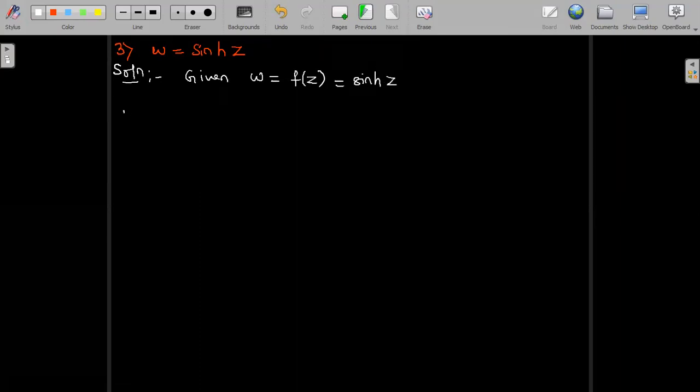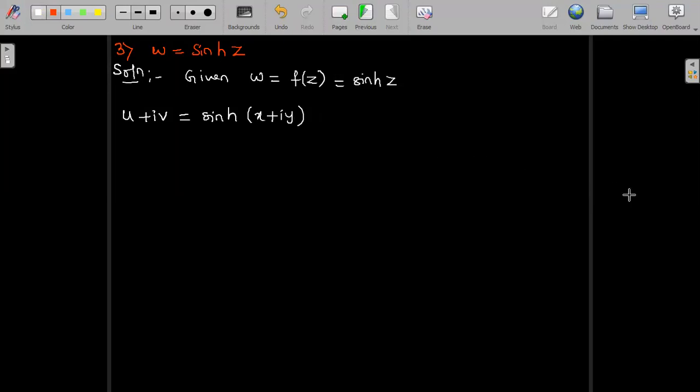Now let us substitute W as u plus iv on the left hand side, and on the right hand side sine hyperbolic of x plus iy. Now we cannot directly use any formula like sine of a plus b, because it is a hyperbolic function. So first we need to convert the hyperbolic function to the trigonometric function.